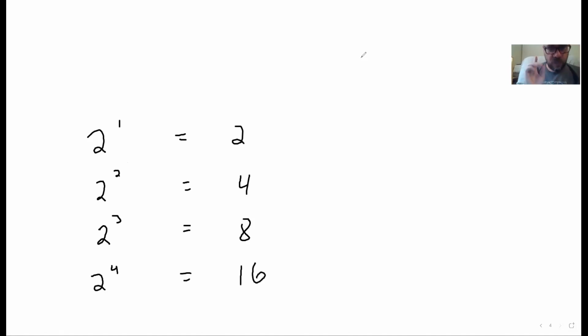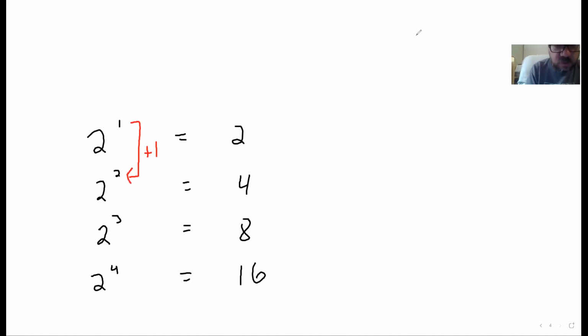You might notice that I've started this in the middle of the board, and there's a good reason for that. I'll show you right now, but I want to get the pattern first. So when my exponents go up by 1, plus 1, right?